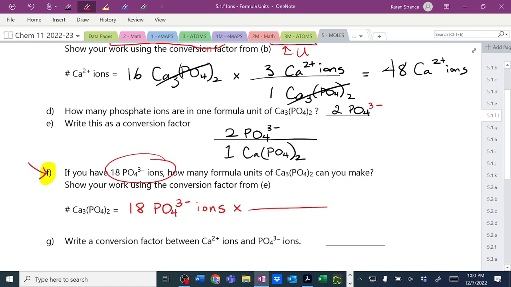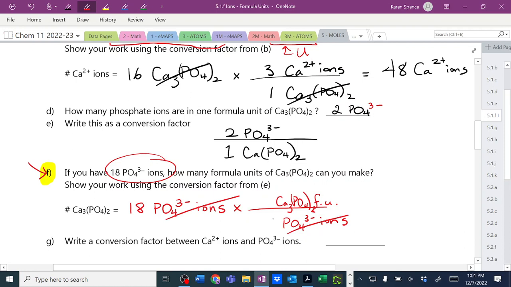Formula units go on the top, so we have formula units, and that's going to be your Ca3(PO4)2. And on the bottom go PO4 3 minus ions. And there are 2 phosphates for every 1 calcium phosphate. 18 divided by 2 is 9 Ca3(PO4)2.